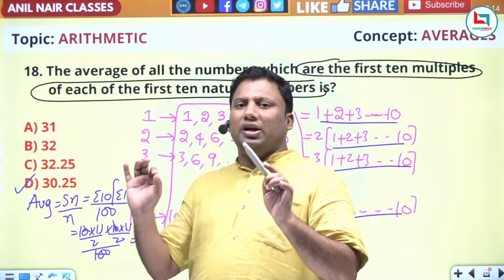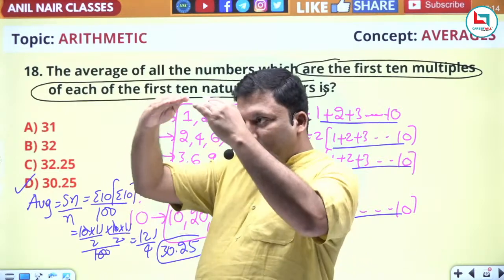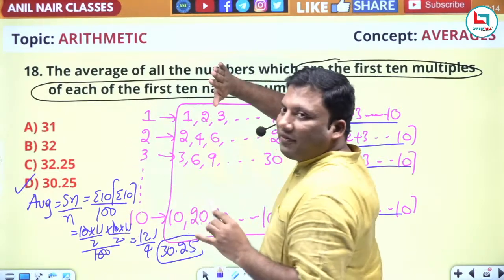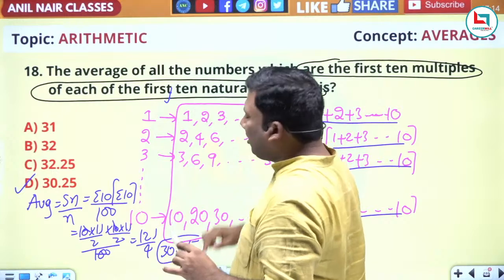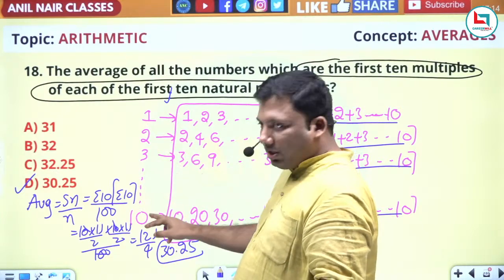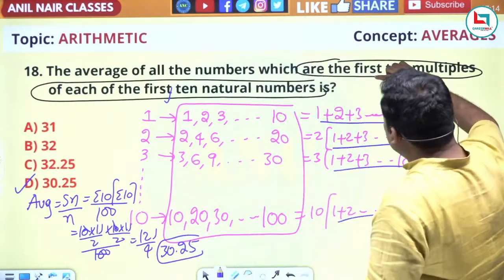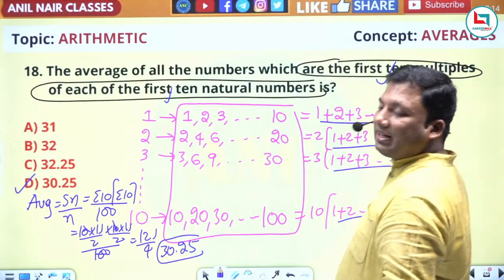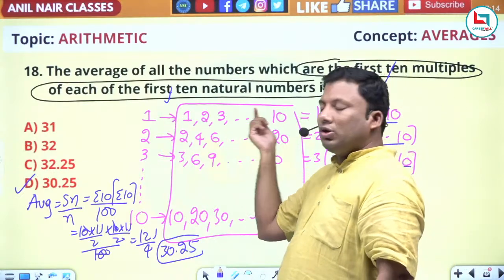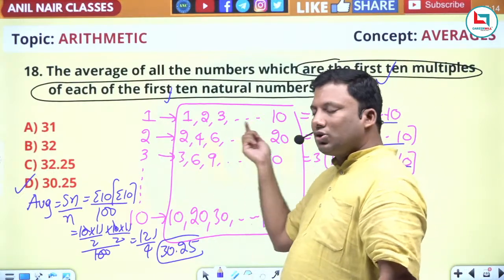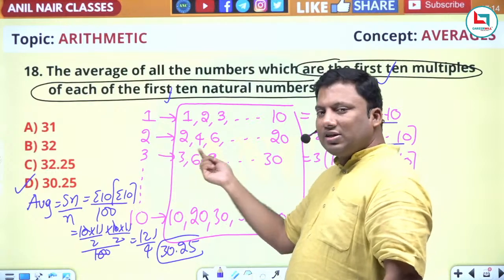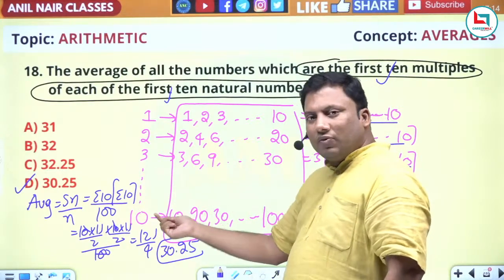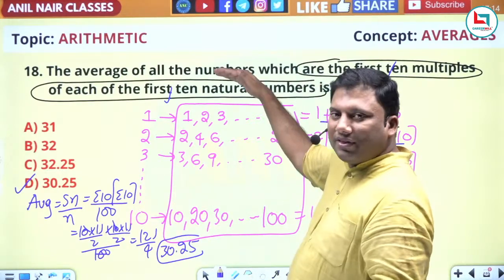Only thing what we need to do is read the question and generate the steps. First step is take the 10 natural numbers 1, 2, 3 till 10. Second step is for every number take the 10 multiples. Then add this.